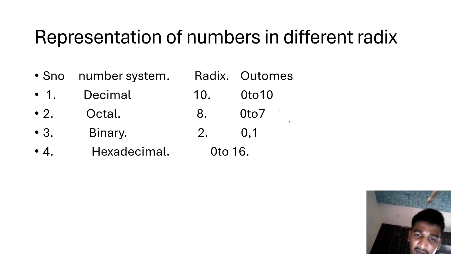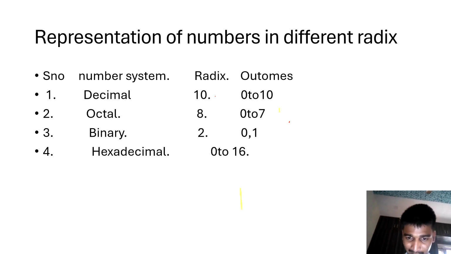For decimal, why are we taking 0 to 9? The formula is n minus 1.